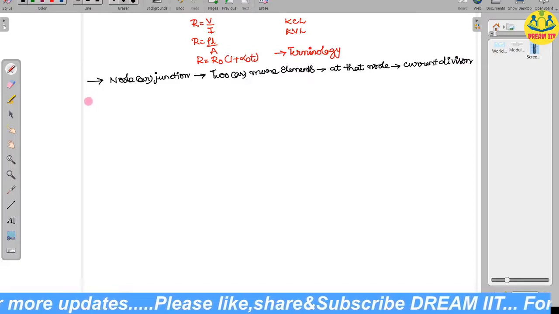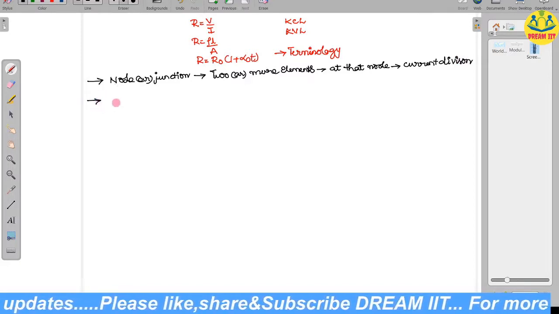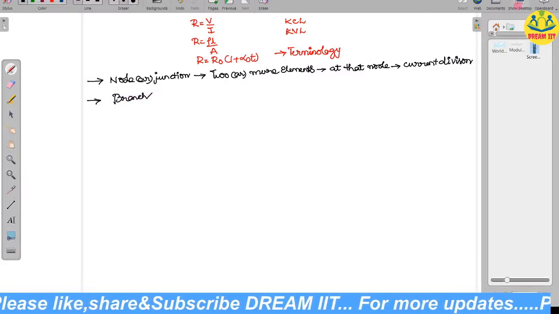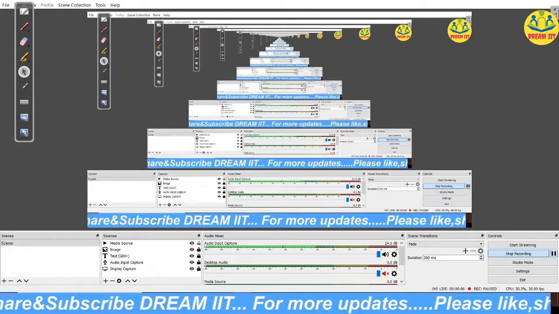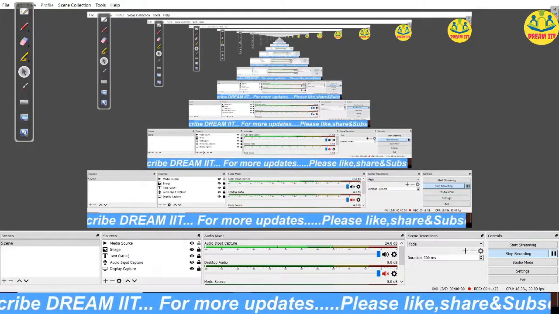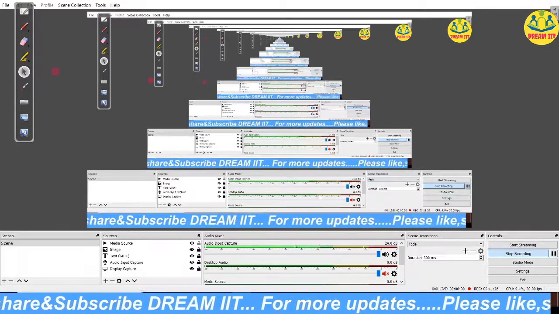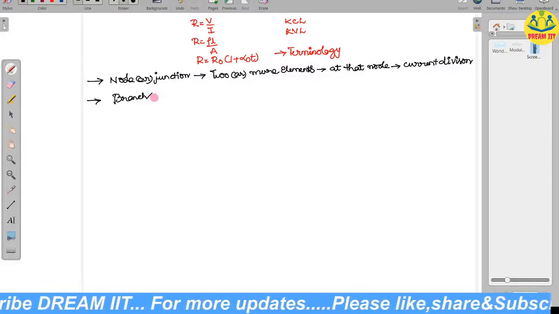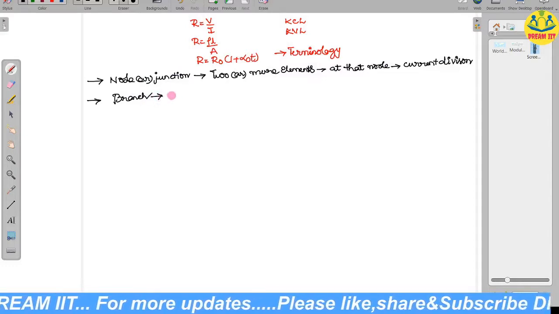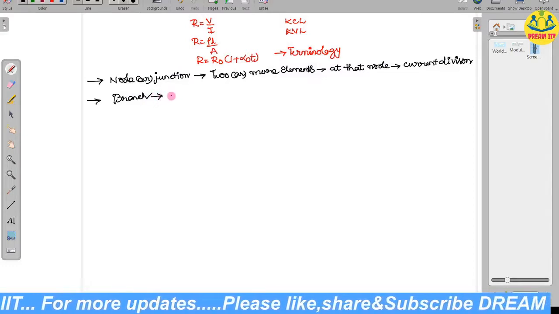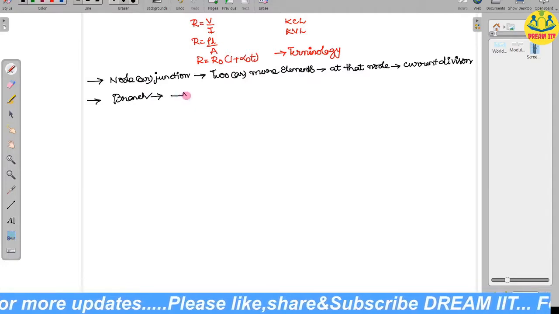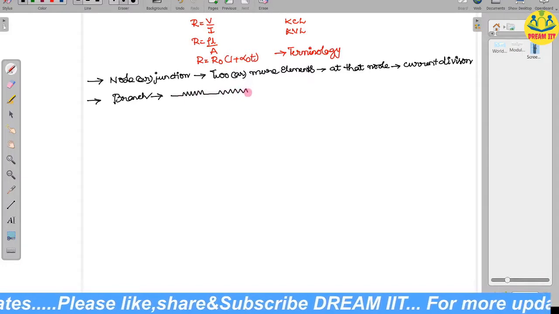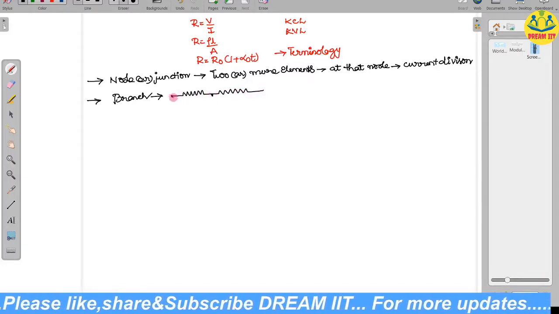Next, the other terminology is the branch. What is the meaning of the branch? Whenever you are connecting two or more elements, for example two resistors like this, this is one branch.